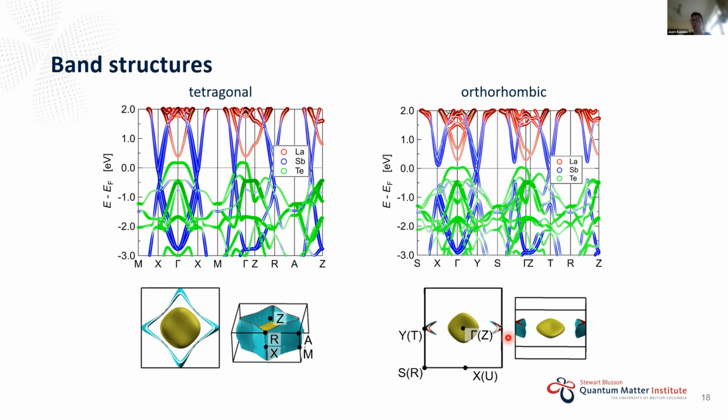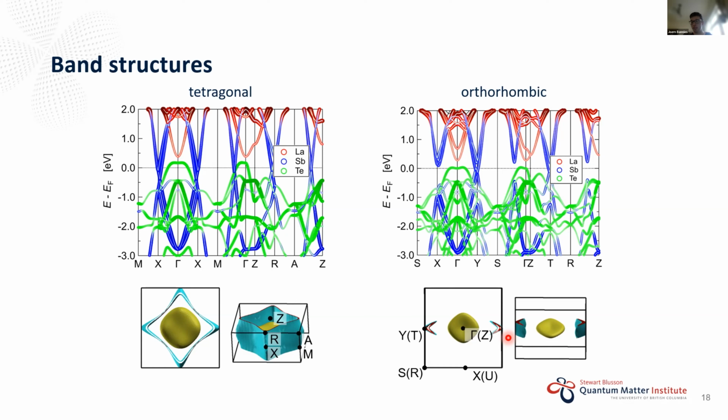So this really shows that we still keep this two-dimensional characteristic. So with this, we can confirm, at least on the theory side, that the very simple tight-binding model that we used is able to capture the essential physics of symmetry breaking in the real materials, the tetragonal and the orthorhombic phase.